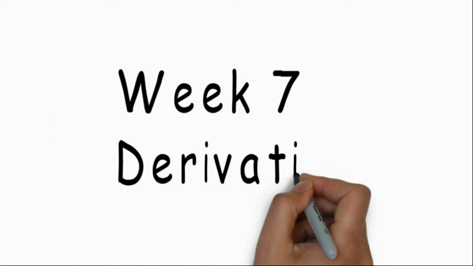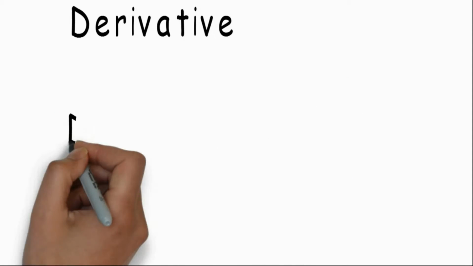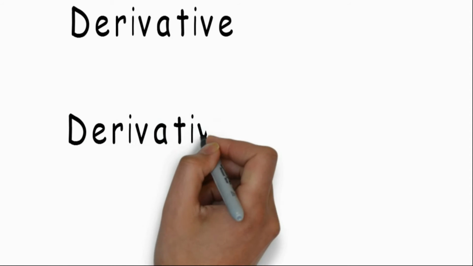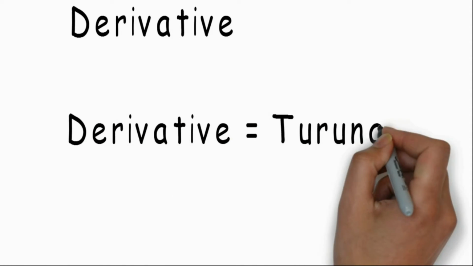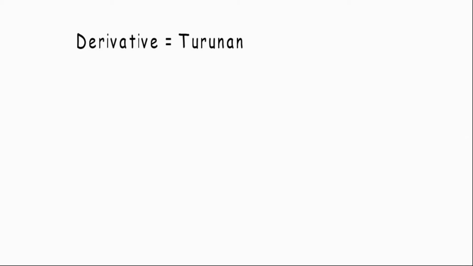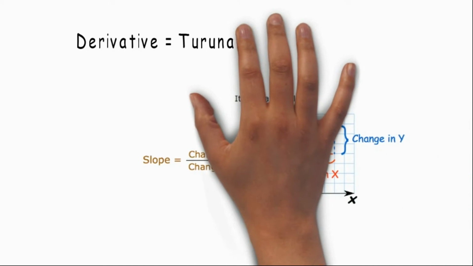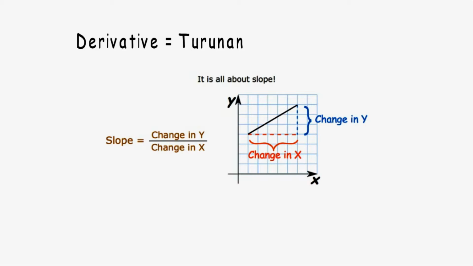In week 7, we discuss derivative. Derivative, it's actually all about slope. What is slope? Slope is actually the change in y over the change in x.